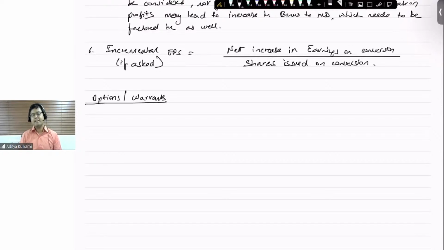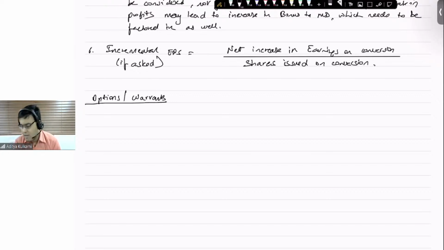So 37 is the free element, and this 37 is what will be my potential shares. Sir, for 63 you got the full consideration, so how can that be potential? That becomes your actual shares whenever the options are exercised. The remaining 37, the free element, is what becomes your number of shares for the purpose of diluted EPS.